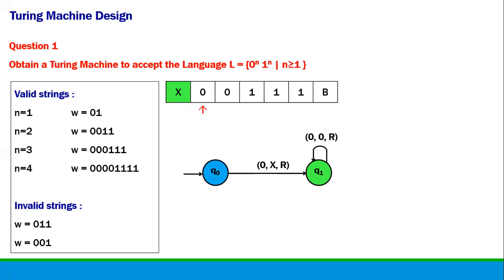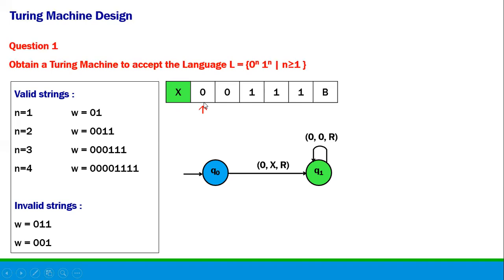Next, I am reading 0. The concept is that for the first 0, I will have to go to right and find the matching 1. That means I will have to search for 1 now. Now I'm reading the second 0.